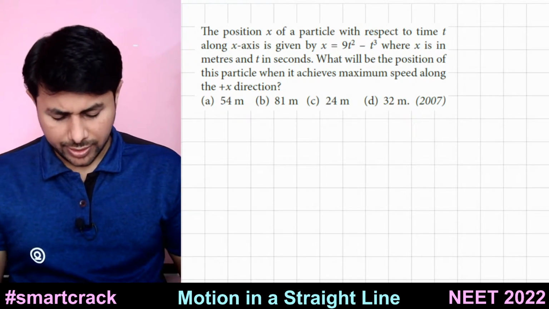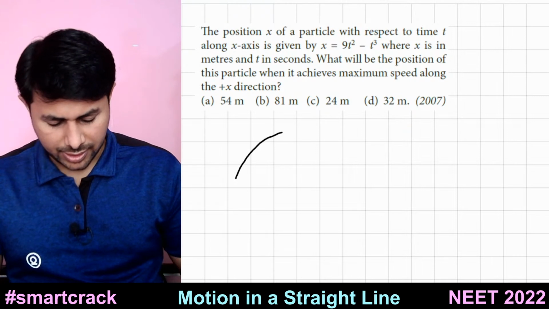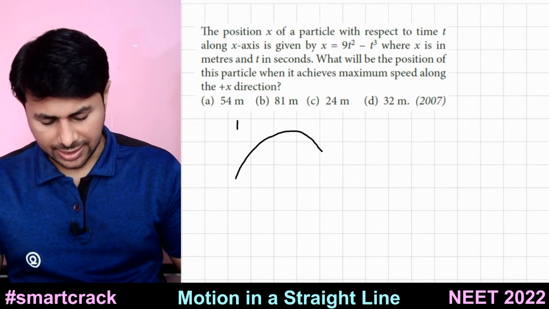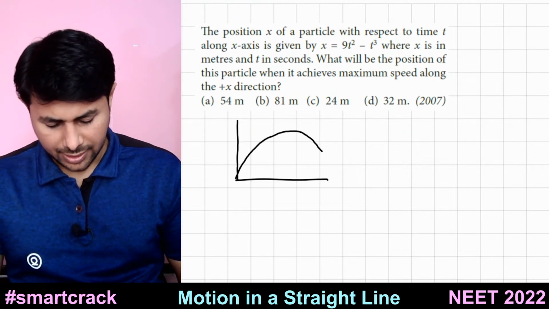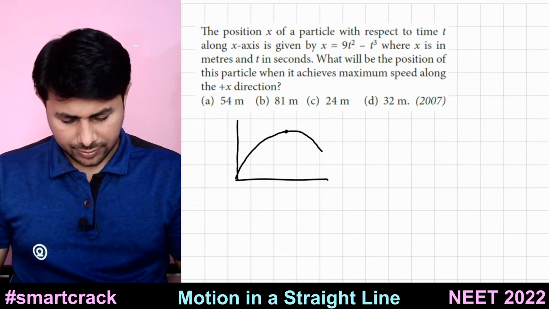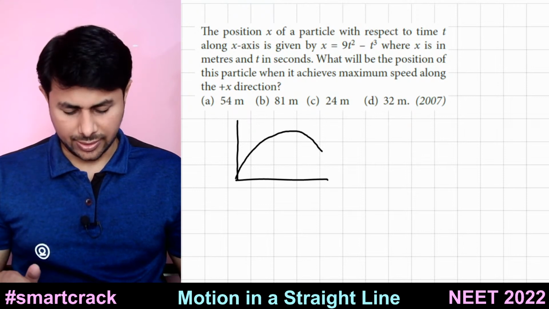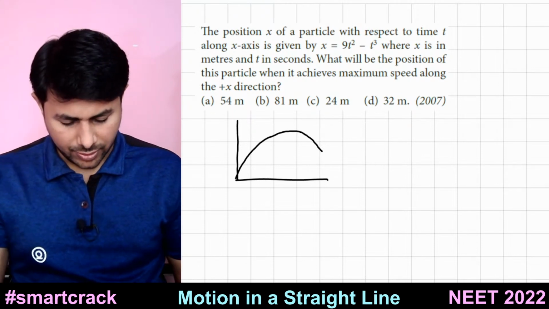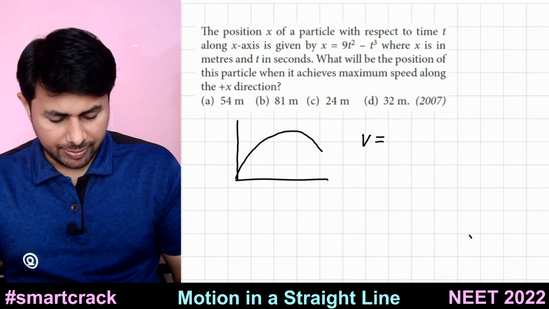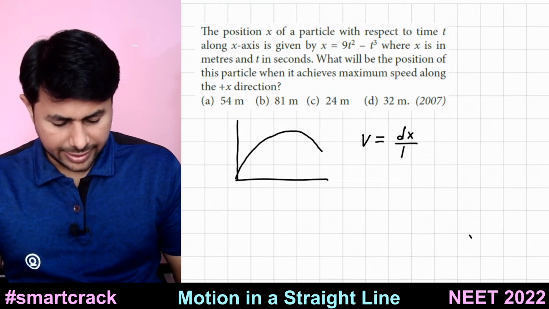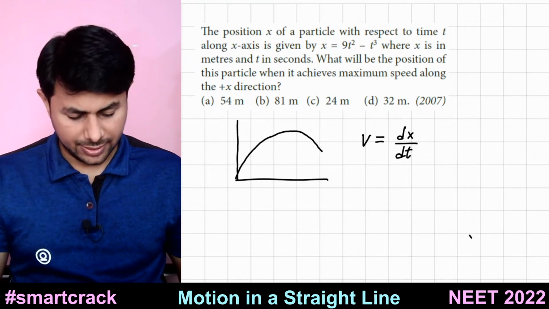Okay, so let's suppose this is the position versus time graph, and at some point the slope is maximum. Okay, so what will happen? So velocity is given by what? dx by dt, right?